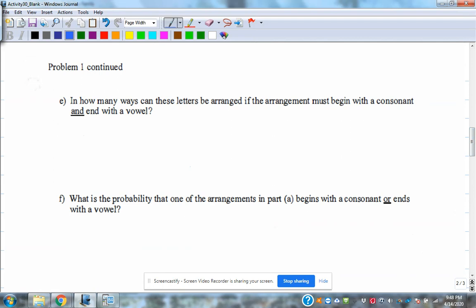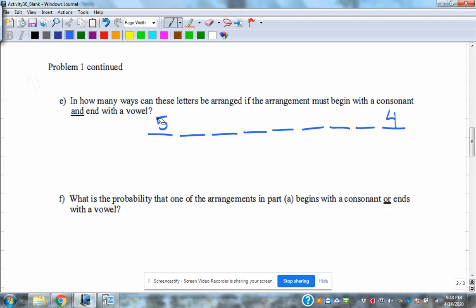How many ways can these letters be arranged if the arrangement must begin with a consonant and end with a vowel? Again, we've got the 9 spaces. There are 5 consonants and 4 vowels at the end.